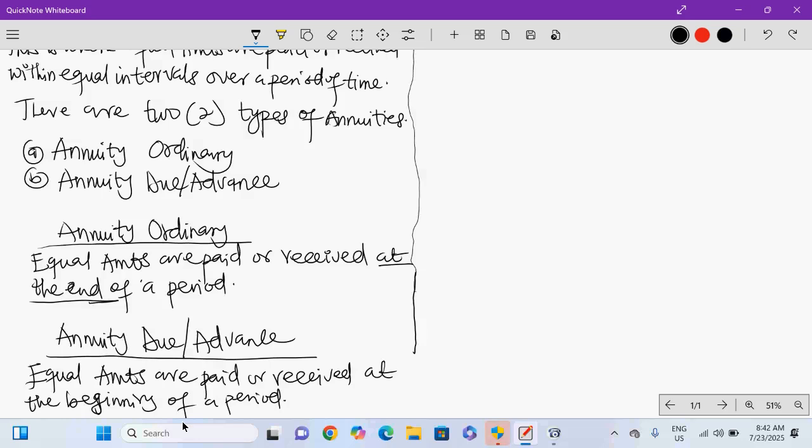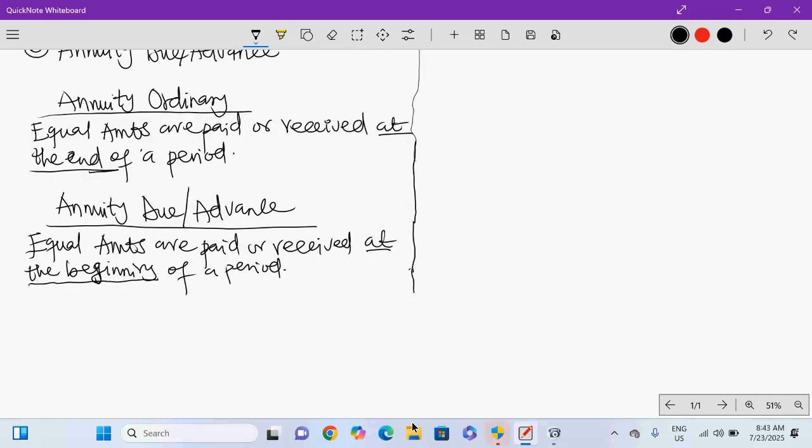That is the key thing that makes annuity advance different from annuity ordinary. Annuity ordinary is at the end, whereas annuity due or annuity advance is at the beginning. So take note of the two. That is the difference between the two.